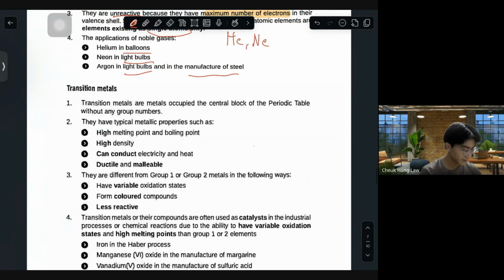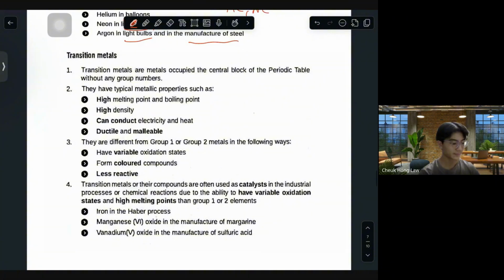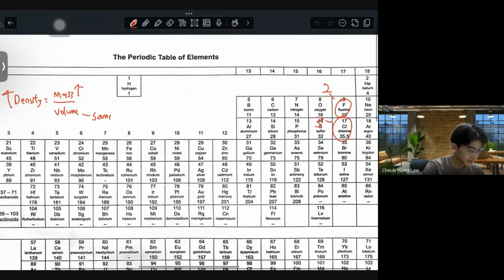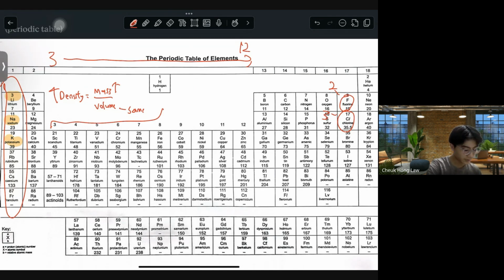Okay, so that is it for group 18 elements. Transition metals are metals that occupy the central block of the periodic table. From group 3 all the way to group 12, these are your transition metals.